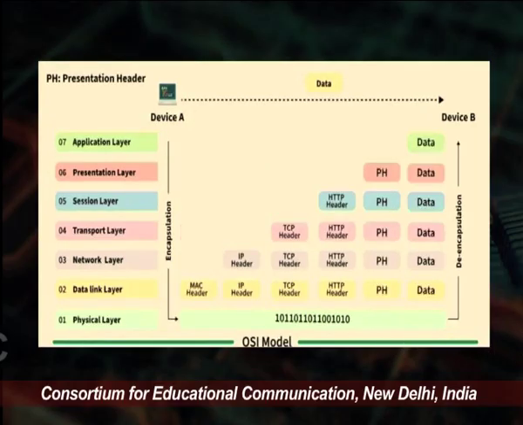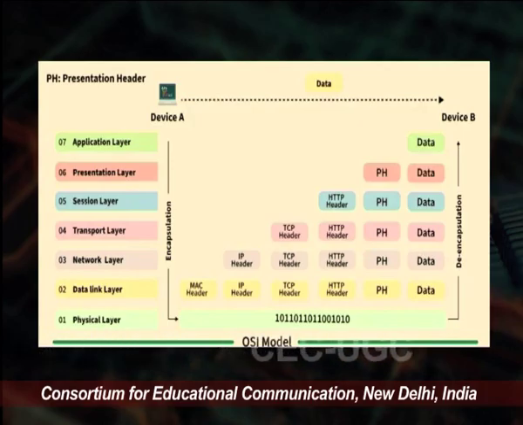So, here at device B, the data is dealt with from bottom to top. At the sender's end, the data has been dealt with from top to bottom, but here it is going to climb up the hierarchy.